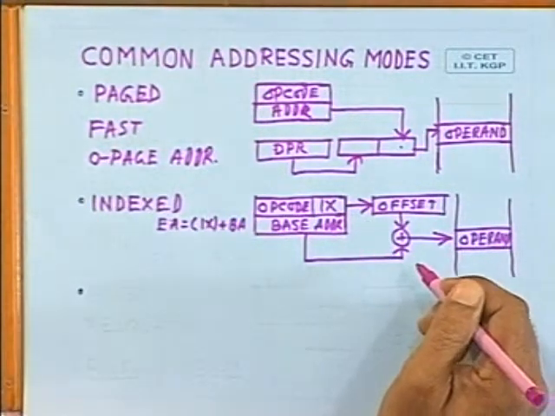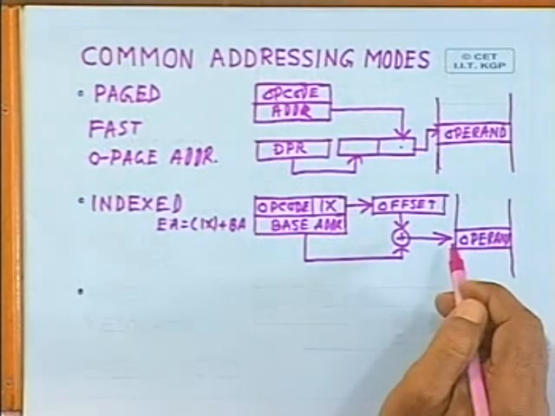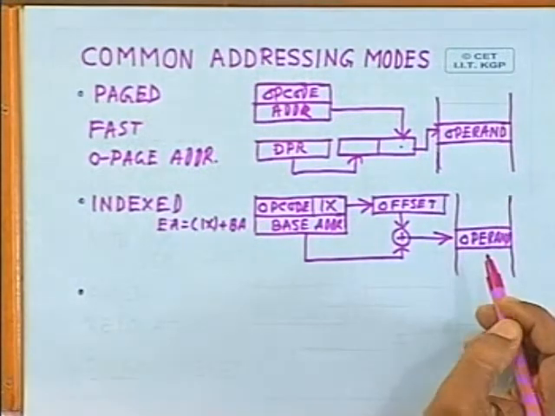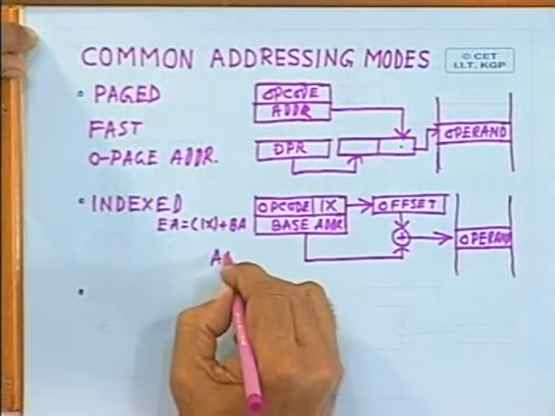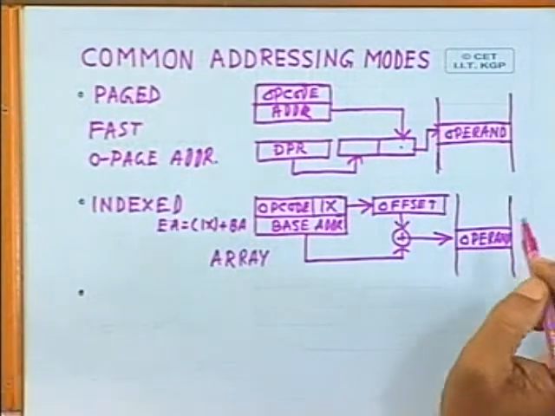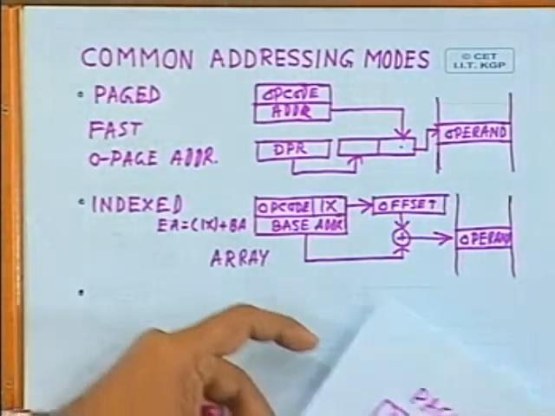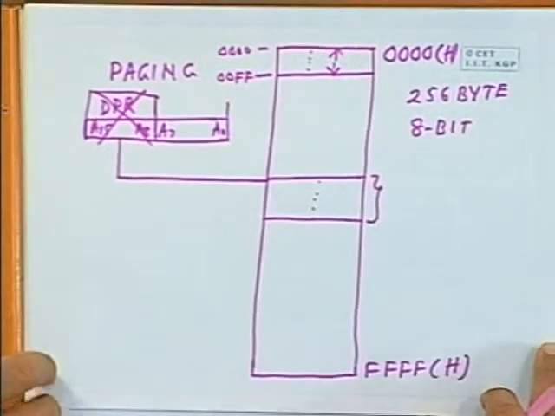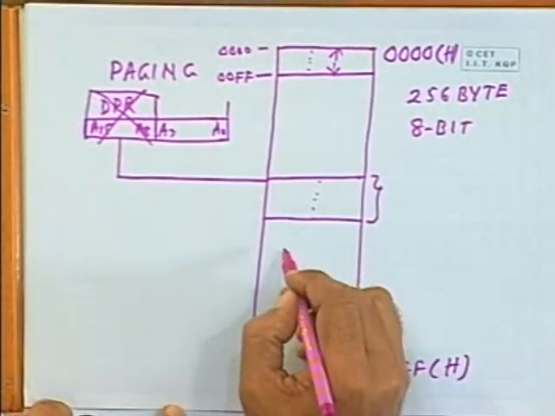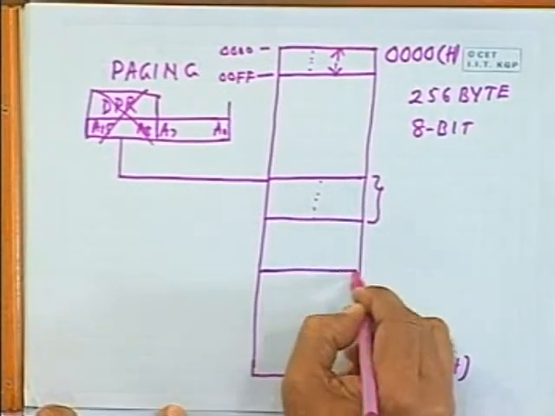This addressing mode is used to implement arrays. How? Suppose a table or an array has been stored here. This is an array.